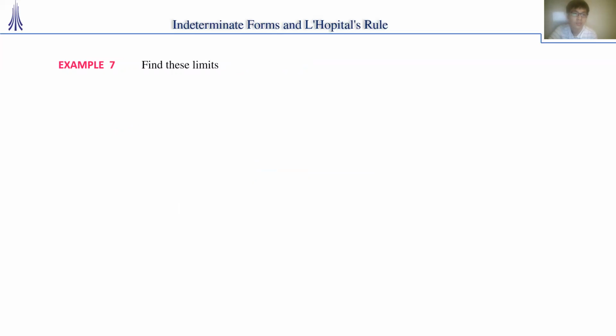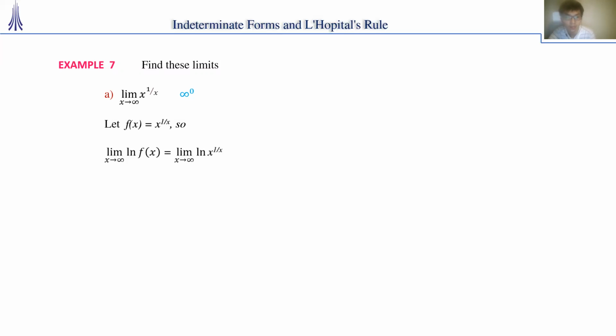So we see example 7, find this limit. Example: the limit as h approaches infinity of h to the power of 1 over h is the infinity to the power of 0 form. So first we let f of h equal to h to the power of 1 over h.